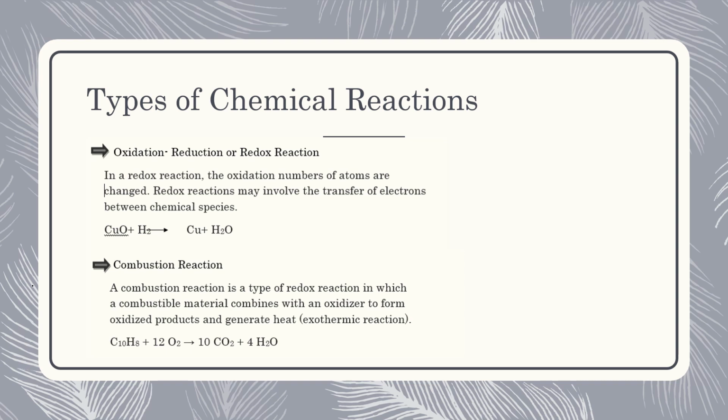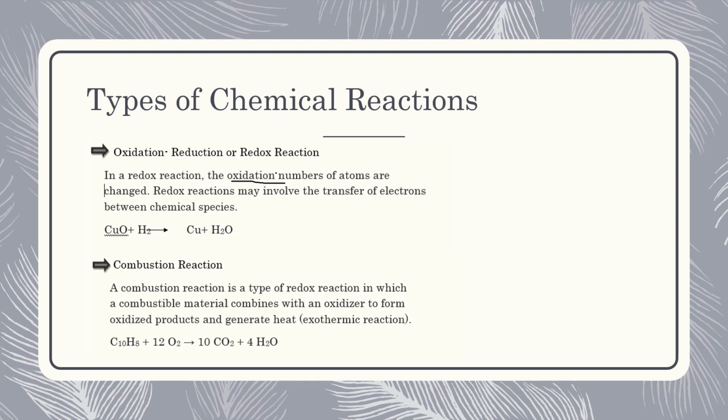The next is oxidation or reduction. Oxidation, I would like to add some more points. First, let us complete with this. In a redox reaction, the oxidation numbers of atoms are changed, and the redox reactions may involve the transfer of electrons between chemical species. So here first let's understand what is oxidation in general.